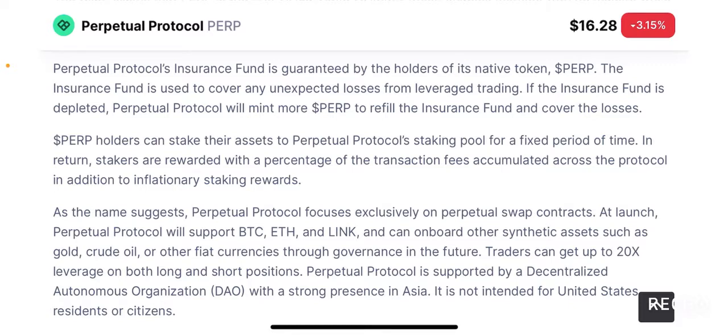So again, since there are lots of losses associated with leverage trading, if a loss happens due to leverage trading, the insurance fund, which includes the PERP tokens, will cover any unexpected losses, right? If the insurance fund is depleted, Perpetual Protocol will mint more PERP and refill the insurance fund and cover the losses.